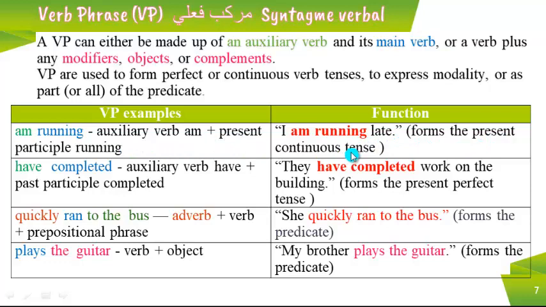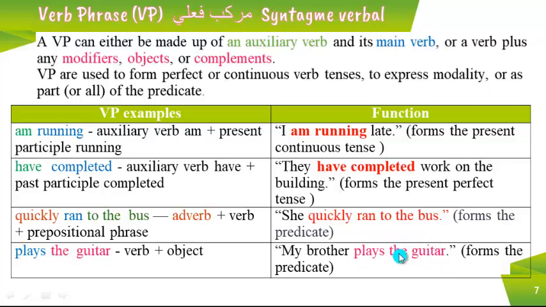form the present continuous. In the next sentence, have, the auxiliary, plus past participle of the main verb constitute the present perfect tense. But in the third example, she quickly ran to the bus. The whole of these forms the predicate. The same as the last sentence. So plays, my brother plays the guitar.